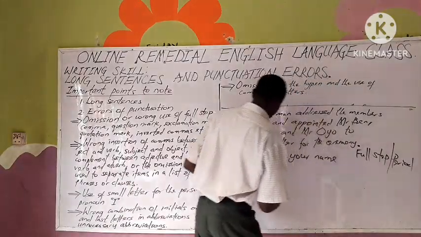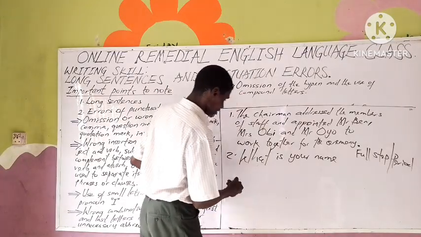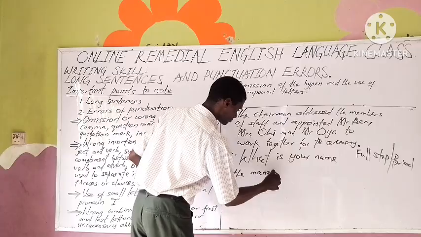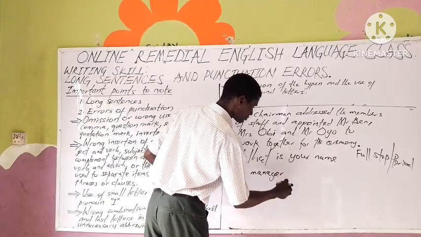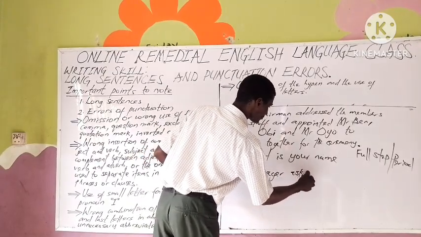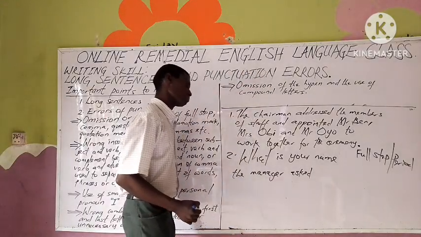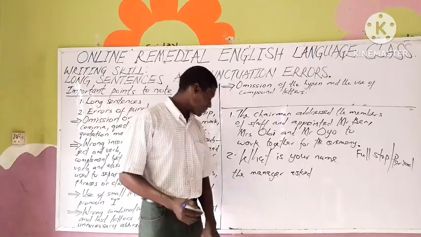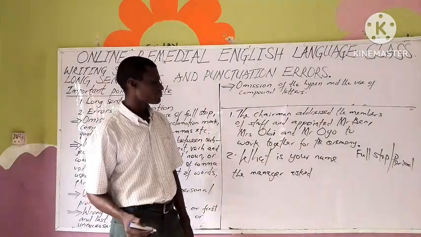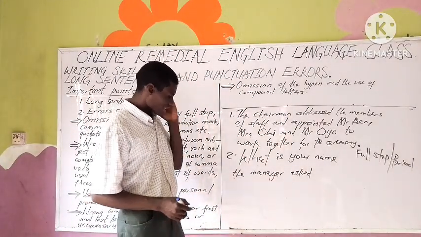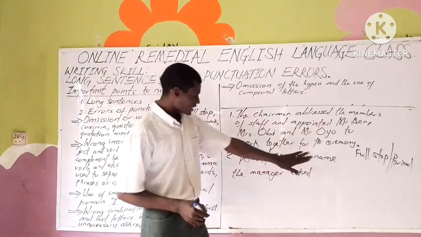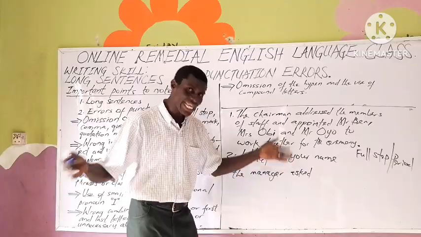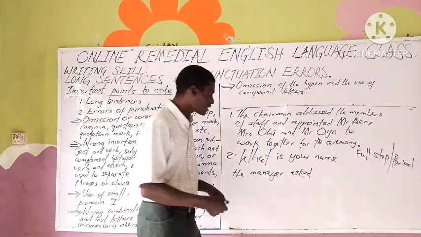Then we have something like: the manager asked, what is your name? The manager asked. Of course, let's start with this. What is your name? It is suggestive of a question, and it is a question.